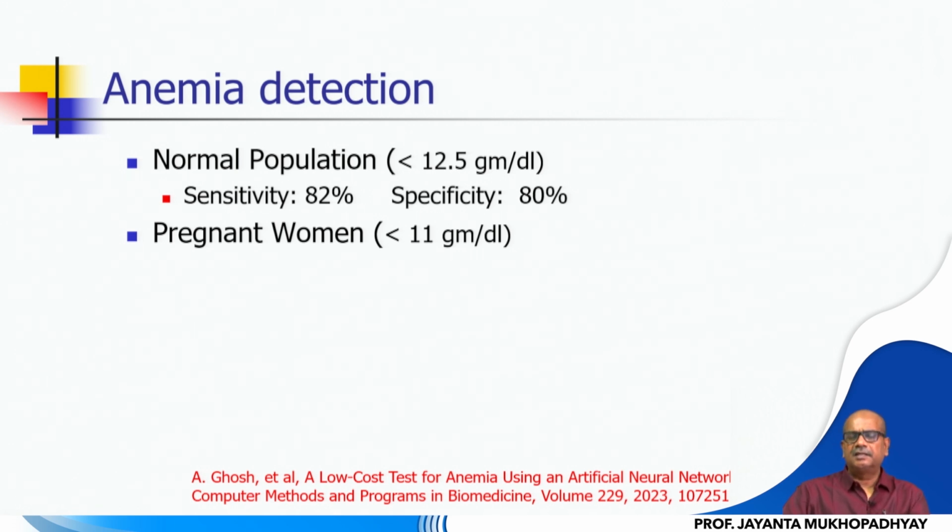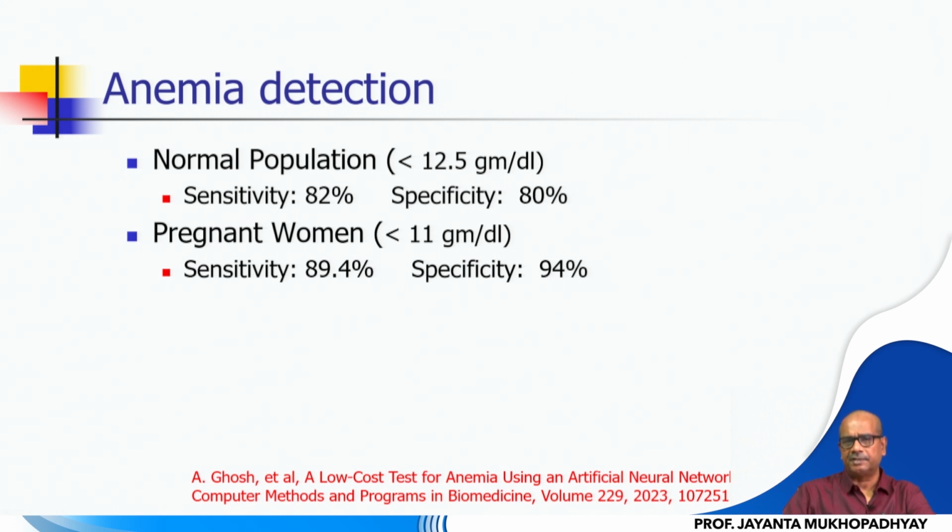So, for the normal population, the whole population, we got sensitivity 82% and specificity 80%, and for pregnant women, sensitivity 89.4% and specificity 94%. Actually, this application was meant for screening anemia cases of pregnant women. So you can see that the performance with respect to pregnant women is quite satisfactory.